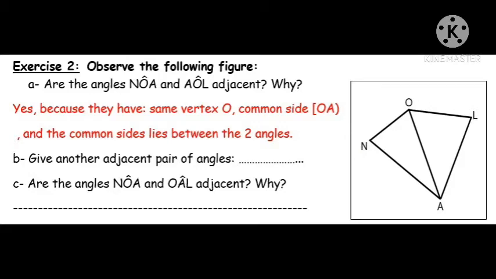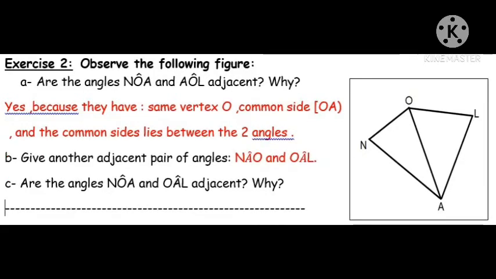They are adjacent angles, with a common vertex A and AO as the common side. So the adjacent angles here are NAO and OAL.